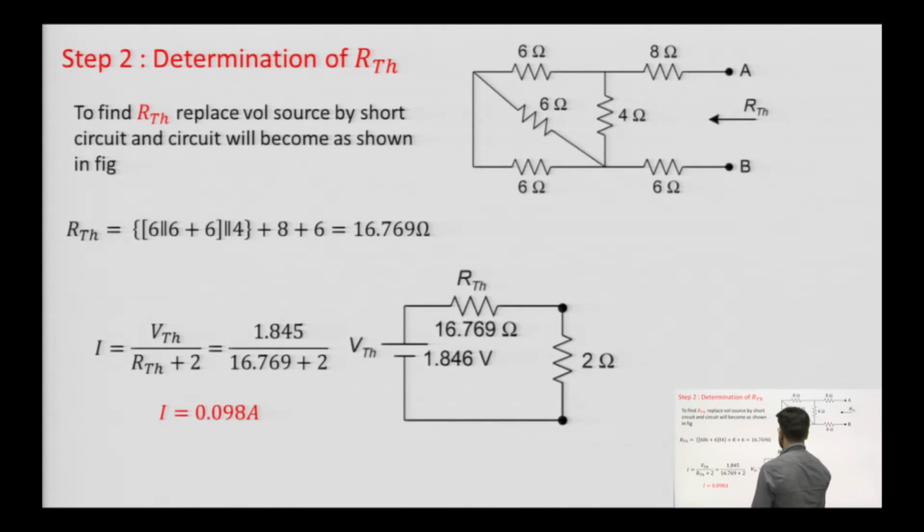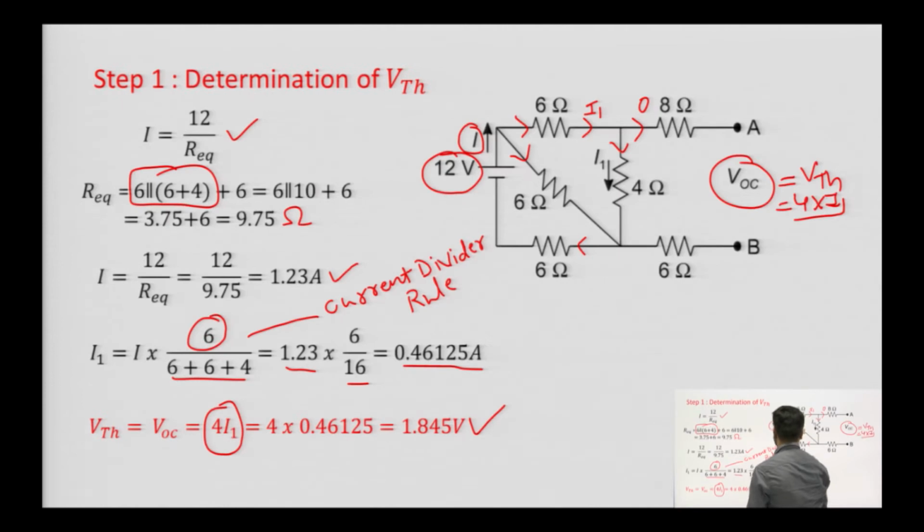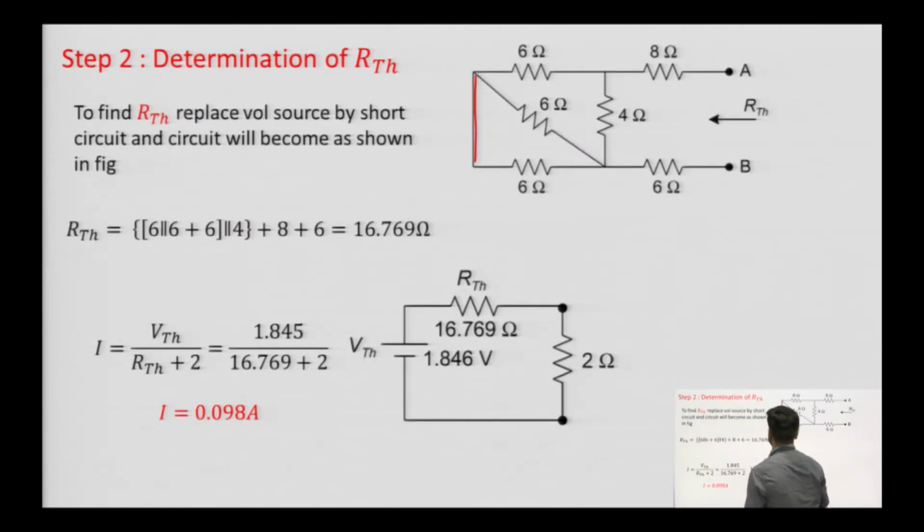As per the definition, to find out the value of RTH, we will short circuit the voltage source. We have a 12 volt voltage source here, which is short circuited to determine RTH.